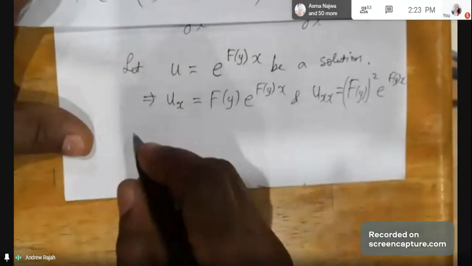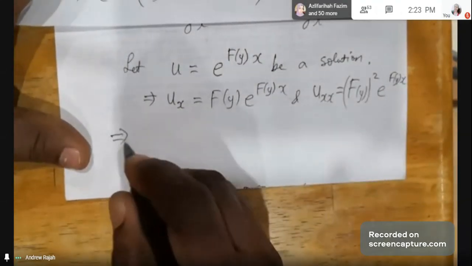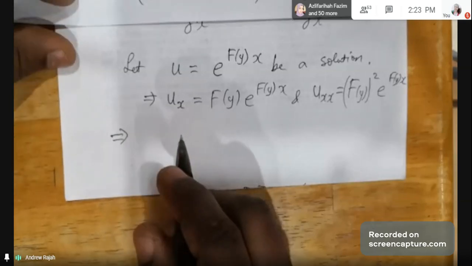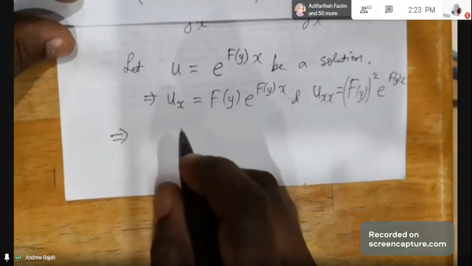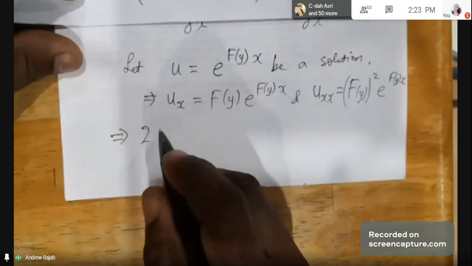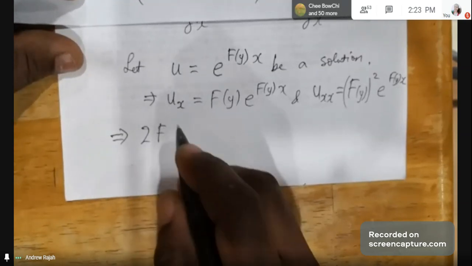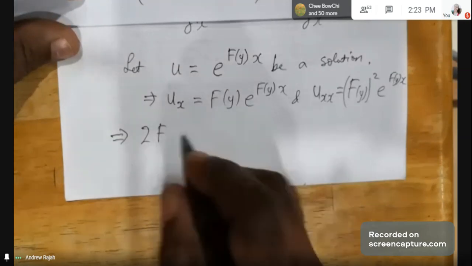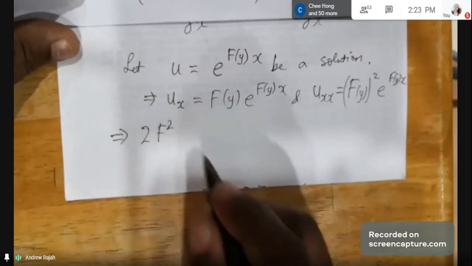Then you substitute inside the original equation. You get what? 2 f squared, I don't write the f(y), f squared.